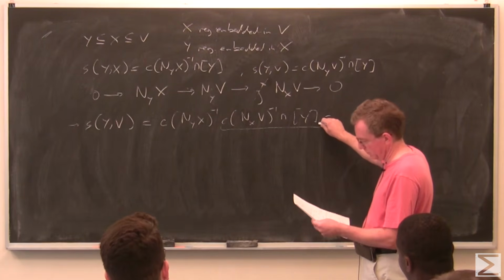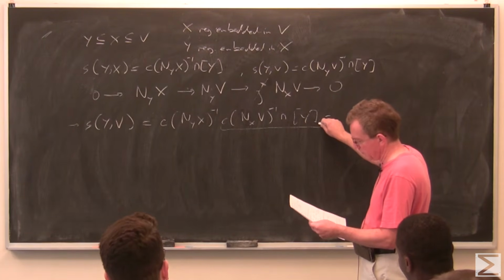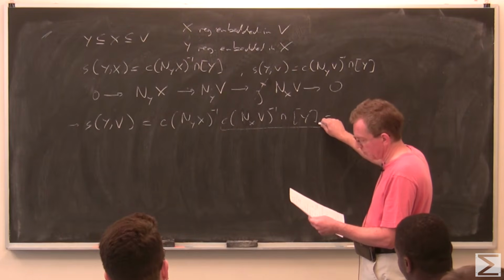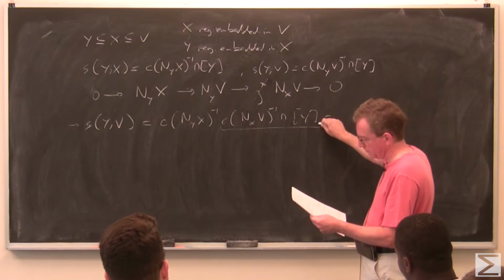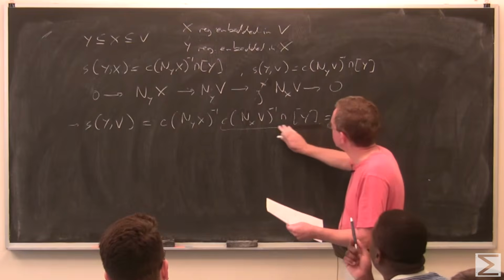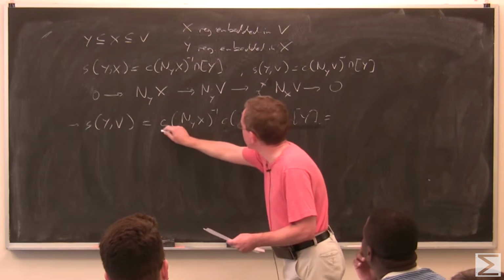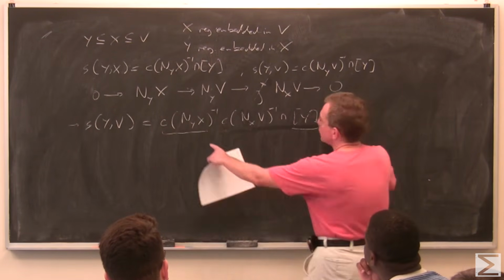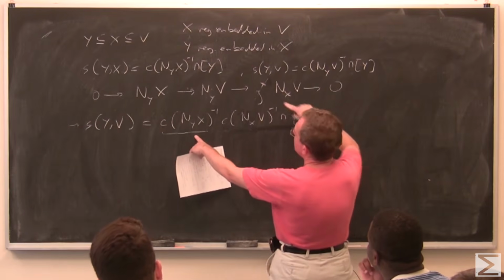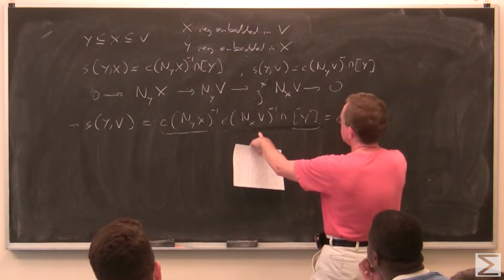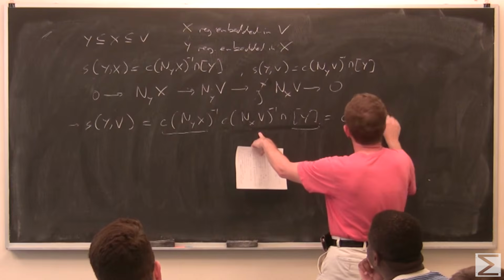It hasn't. So maybe I should get a little worried here. Have I written this wrong? No, I've written it right, but I wanted to write it in a different order. So cap this with that, and what you get is the Segre class of Y in X. What you're left with is the Chern class of X in V.